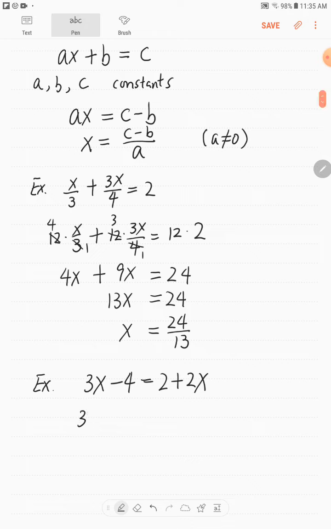So you will have 3x minus 4 minus 2x equals 2, right? So we simplify. This is 3x and this is 2x, so it becomes x, minus 4 equals 2. Then we need to keep the x term only on the left side. So we add 4 on both sides, so x equals 6. So that is our answer.